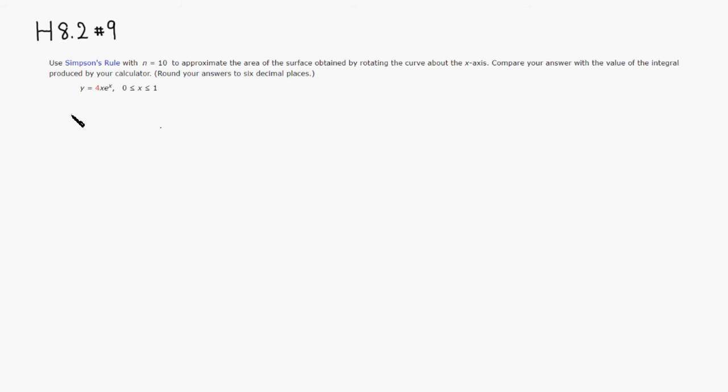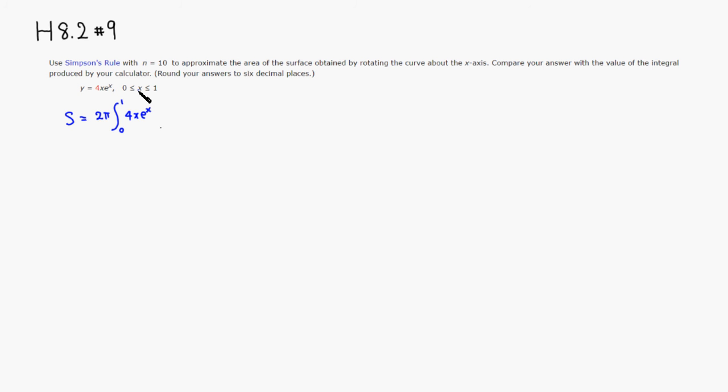The surface area S is going to be, remember that we have a 2 pi, the integral going from 0 to 1, so that's not hard to figure out. Then the radius: since this is rotated about the x-axis, the function value is going to give you the radius, so we have a function which is 4x e to the x, that will be the radius.